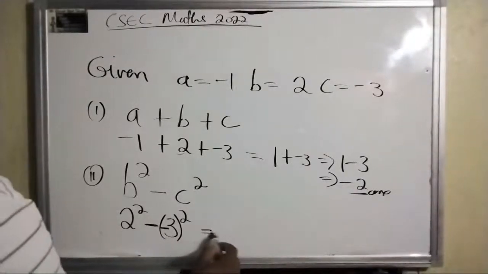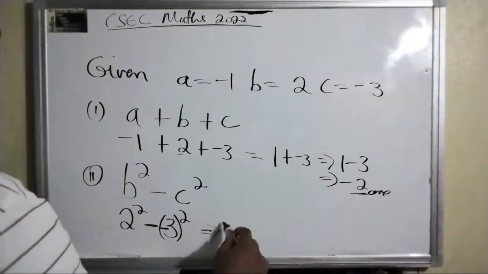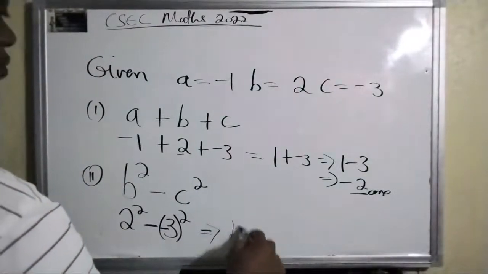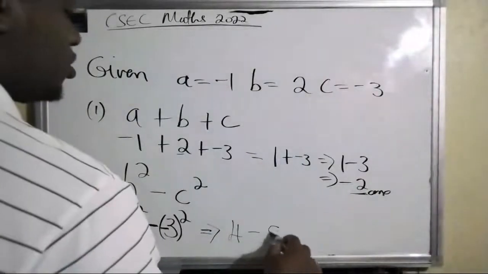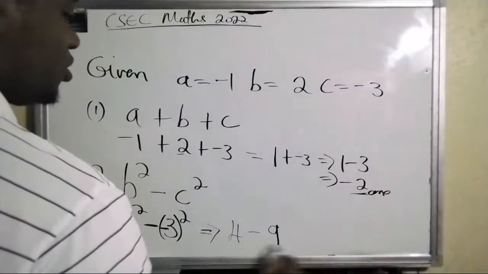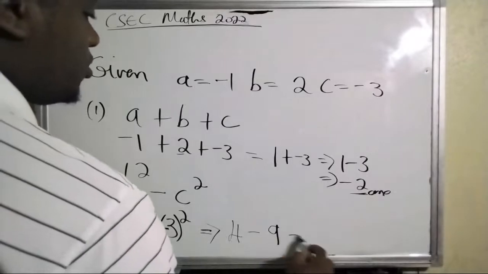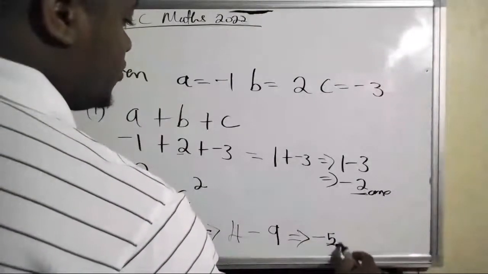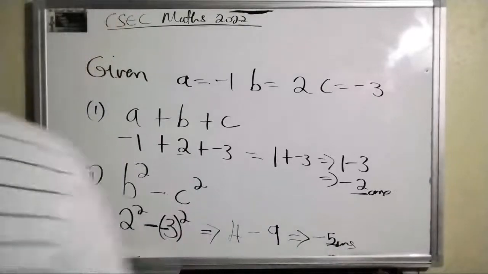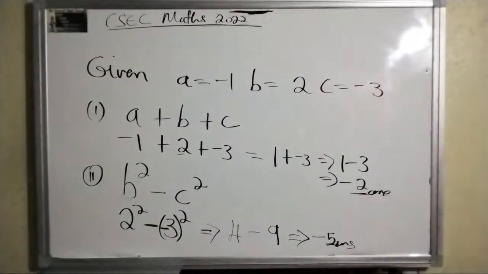Alright, so let's square the 2 first. 2 squared means 2 multiplied by 2 is 4 minus 3 multiplied by 3 gives us +9. So therefore, it would be 4 minus 9, which gives us -5 for our answer. I do hope everyone got that one correct.